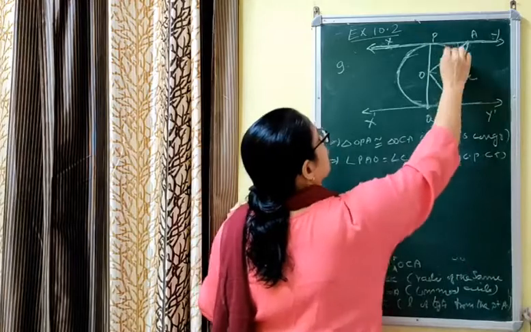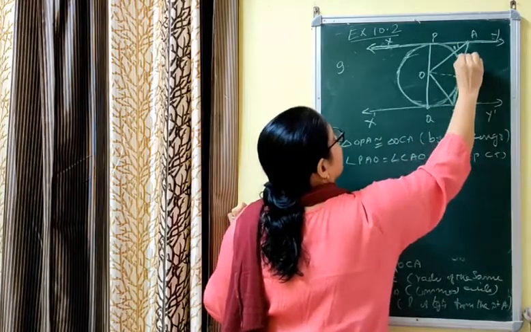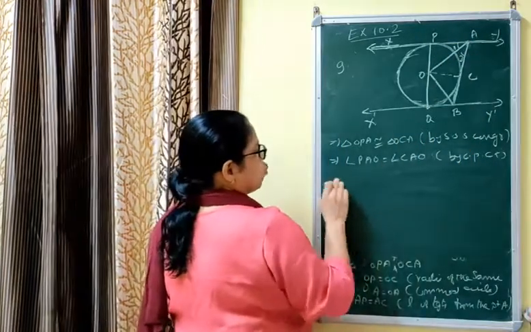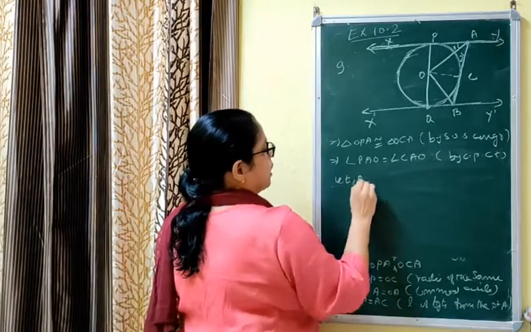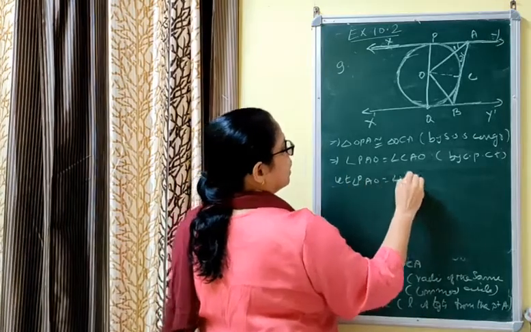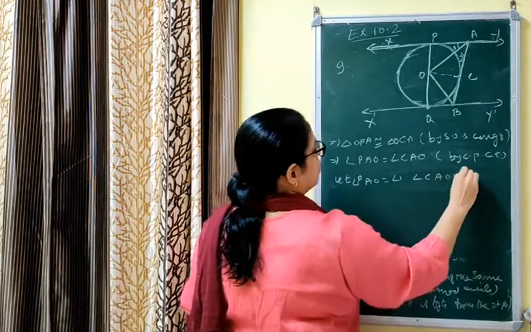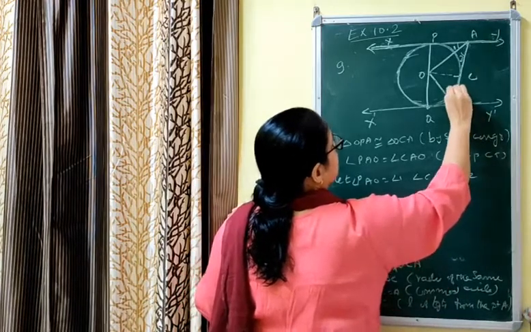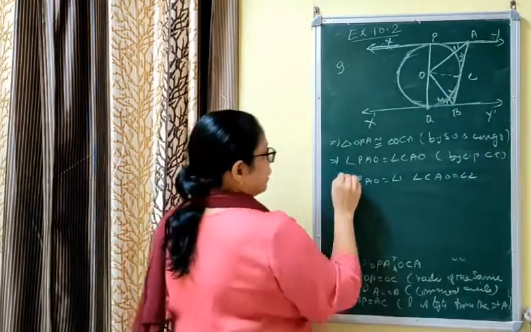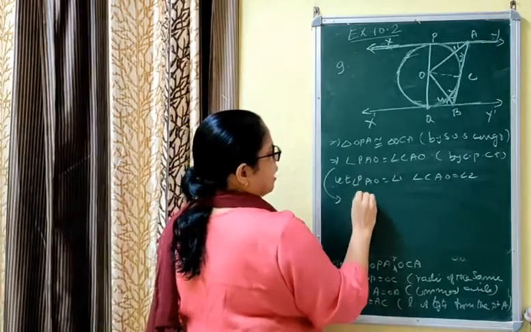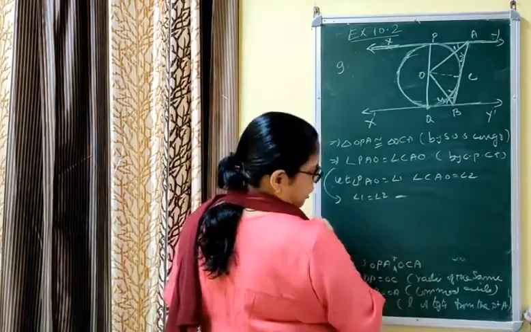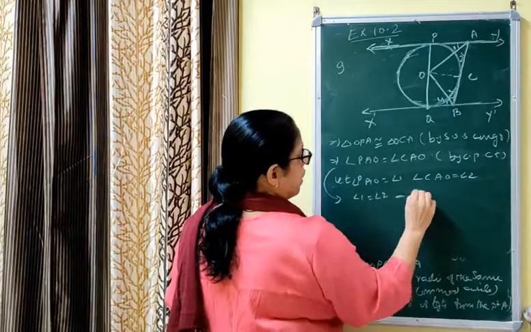For convenience, let angle PAO be angle 1 and angle CAO be angle 2. Similarly, this will be 3 and this will be 4. That implies angle 1 equal to angle 2. That is equation number 1.